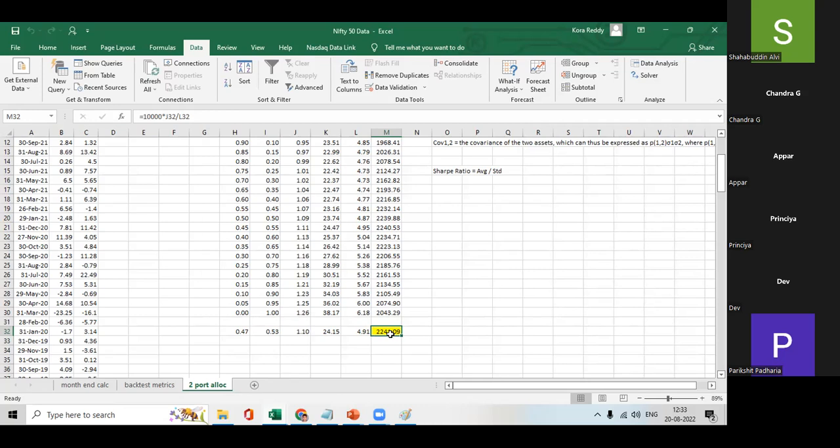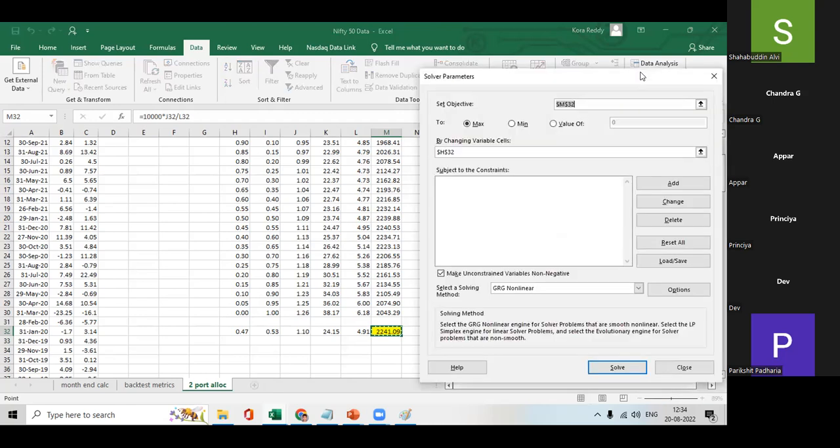In Solver, you can add certain constraints. Like by chance, if this equation tells me it will go to 0.05, no, I don't want it to be so low. I want at least 10% allocation. So add that constraint. Add this cell to be greater than 0.1.